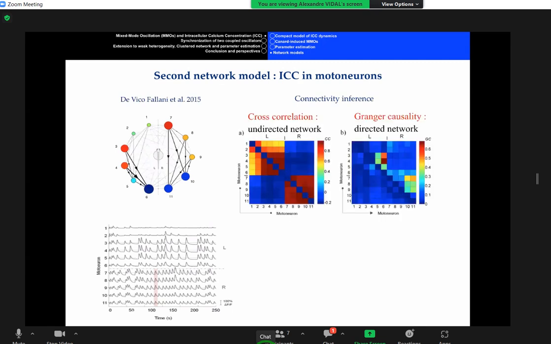And so we tried to infer the connectivity from the experimental data with cross-correlation, which gives us an undirected network, or Granger causality, which then gives us a directed network.